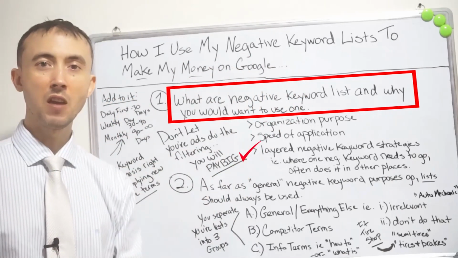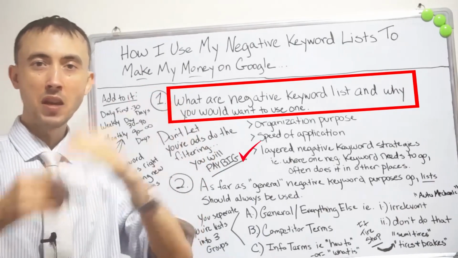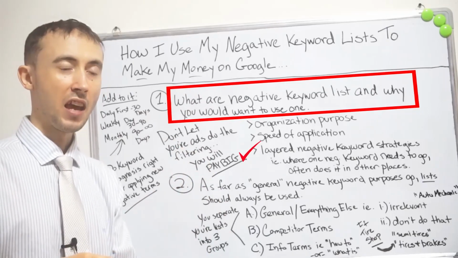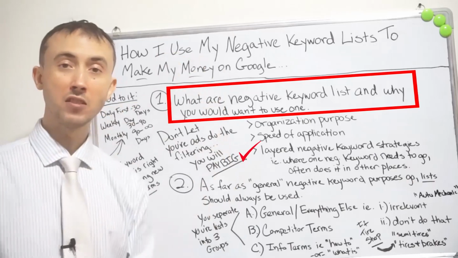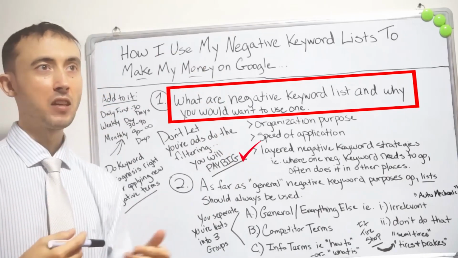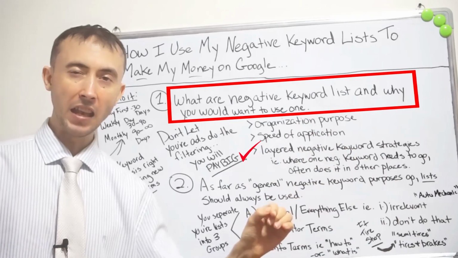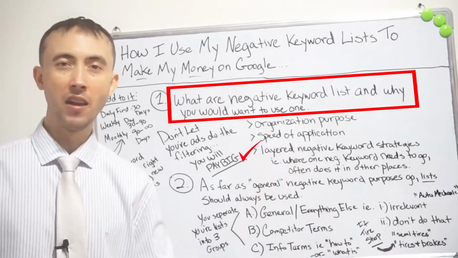But then also, if somebody types in fire damage pictures or information or stats, let's say, and their keyword gets triggered from that search, people think automatically, well, my ad says that I offer services, so they'll read the ad and say, oh, that's not stats, that's not what I want.